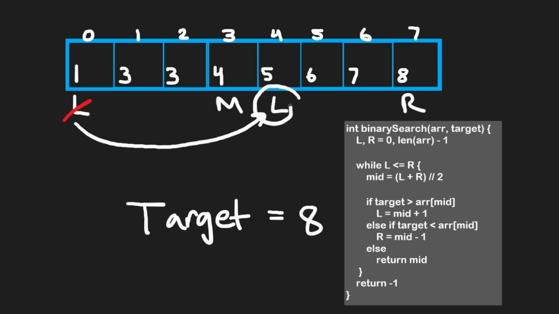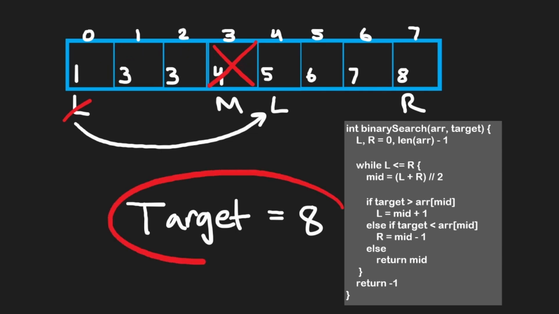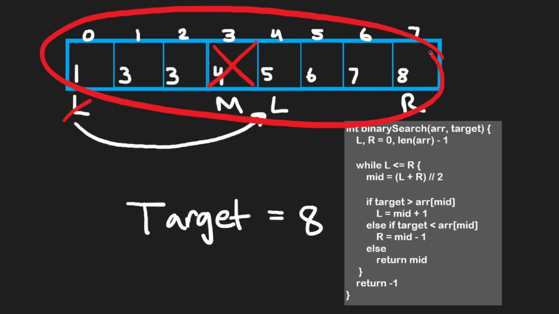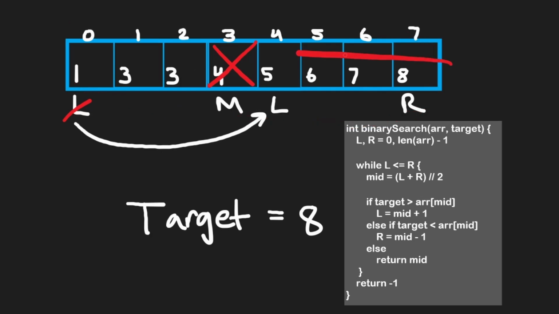And how am I going to do that? Well, I'm just going to take mid plus 1, because we know this is not the solution. And we know that everything to the left of it is also not going to be the target because the input is in sorted order. We can only assume that because this is sorted. So we're going to eliminate all of these from consideration.